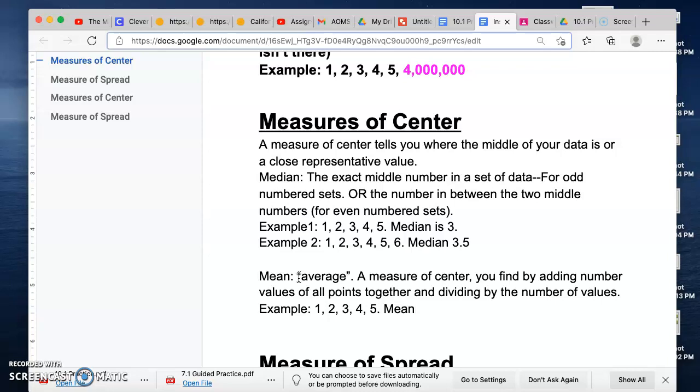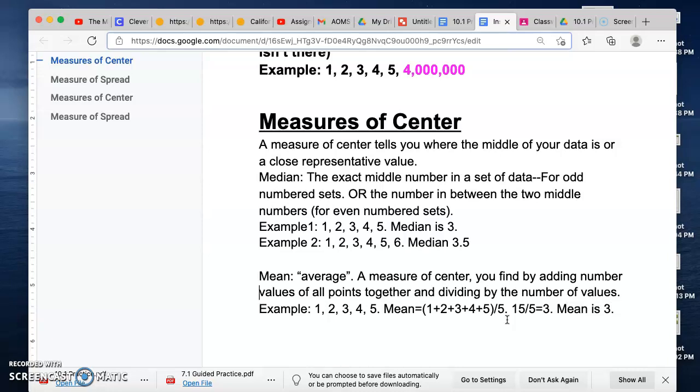The mean for that is going to be 1 plus 2 plus 3 plus 4 plus 5, divided by, let's see, how many data points do I have here? I've got 5 of them. Divided by 5. 1 plus 2 is 3, 3 plus 3 is 6, 10, 15. 15 divided by 5 equals 3. The mean for this data set is 3.